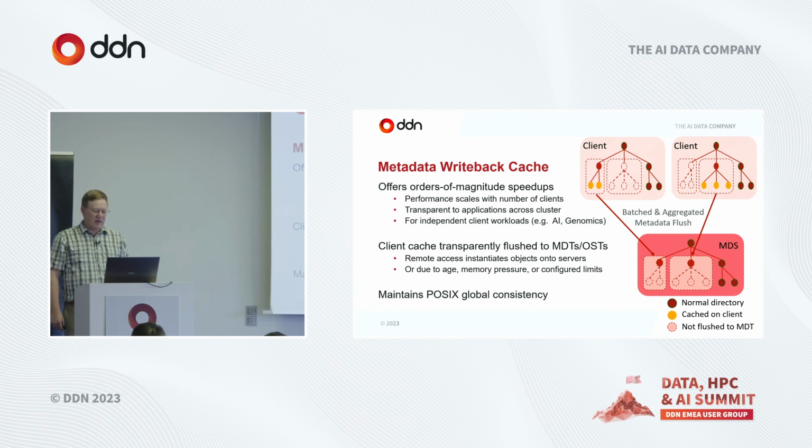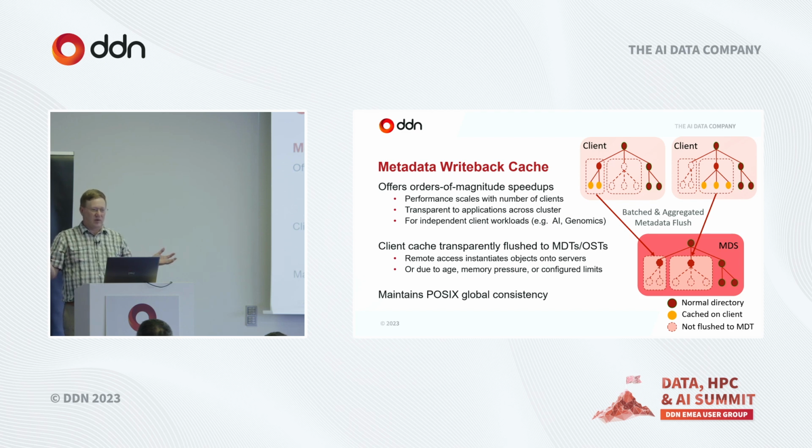And so this, in our testing, has shown at least an order of magnitude improvement for certain workflows where you're extracting data. Let's say genomics is a common one where you have a bundle of small gene sequences that you untar at the beginning of your workload.